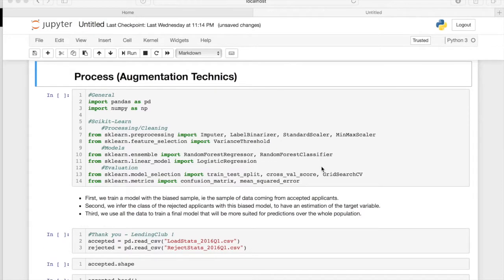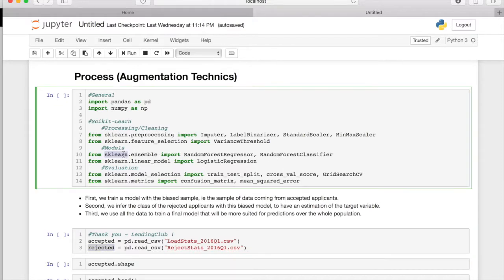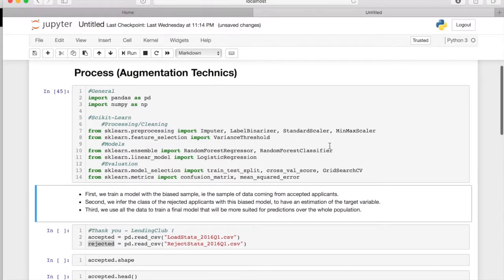We're going to do this walkthrough using data provided by the company Lending Club, who provided data for both accepted applications and applicants who were rejected. We are going to perform this walkthrough with Python, so we are going to use a very popular machine learning library, sklearn, and I'm going to start by importing this library.